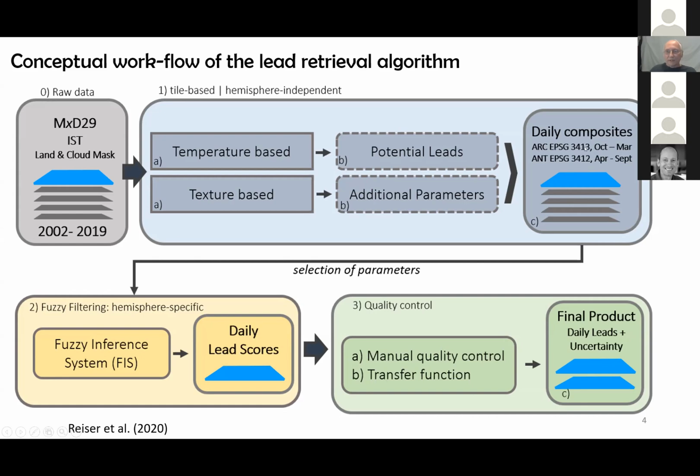We have this for the Arctic and also for the Antarctic, but I'm only talking about the Antarctic here. After that, we use fuzzy filtering to discriminate clouds and provide lead scores. In the end, we have a final product, with manual control and some uncertainty assigned to the product.